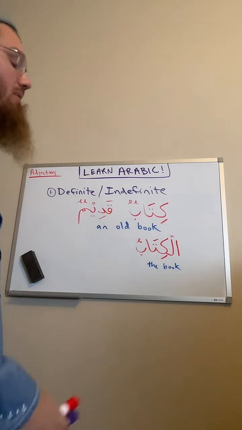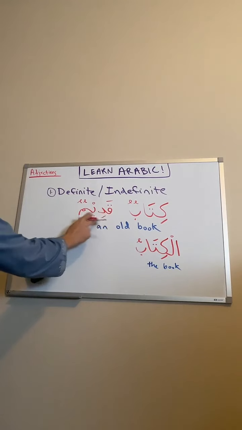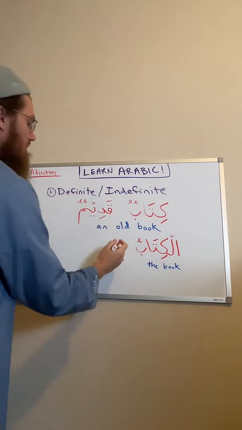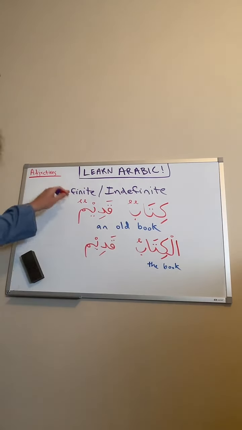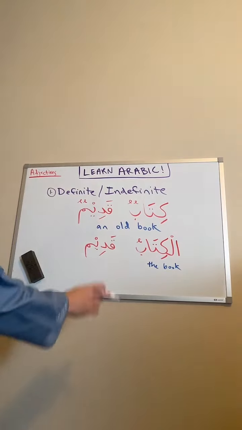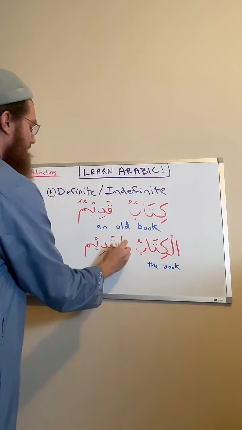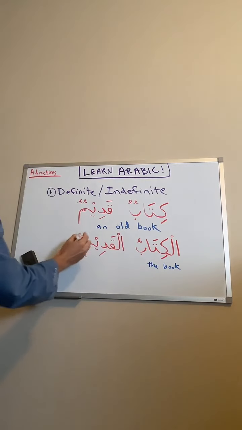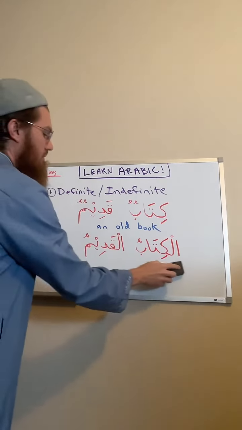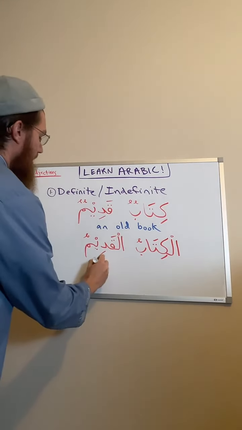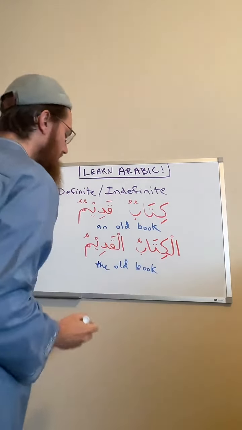How would I say the old book? Well, we already mentioned that qadim is the word that means old. However, it has to match what it's describing in terms of definite and indefinite. So qadim would also have to have that definite alif lam, and it would also not have tanween. It would just have one dhamma. So if we translated this, it would be the old book.